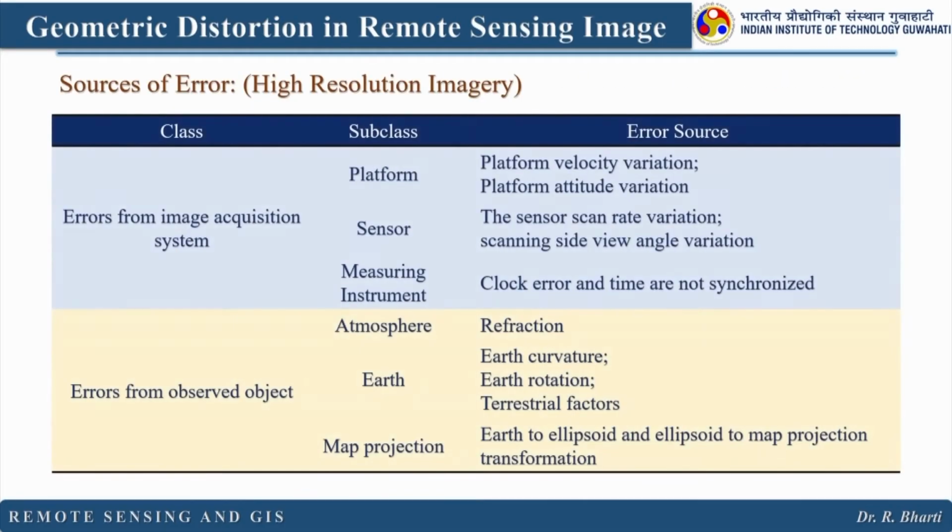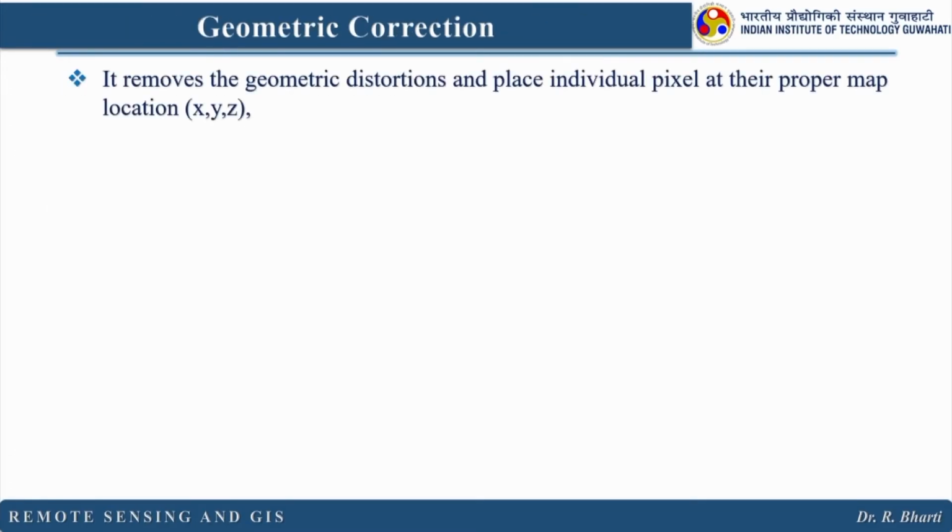There is a table where you can see sources of error, like errors from image acquisition system and errors from observed object, right. So, this is a classification of sources of error, and especially in case of high resolution imagery. Now, what do we do exactly in geometric correction?